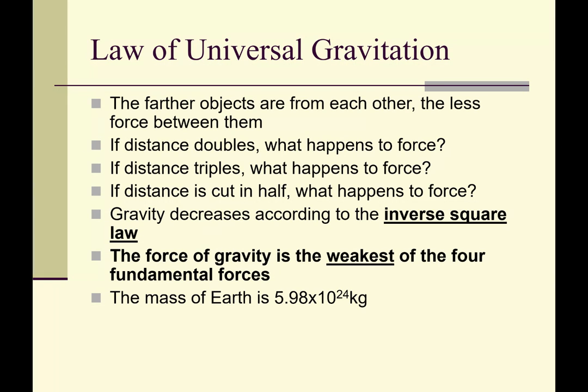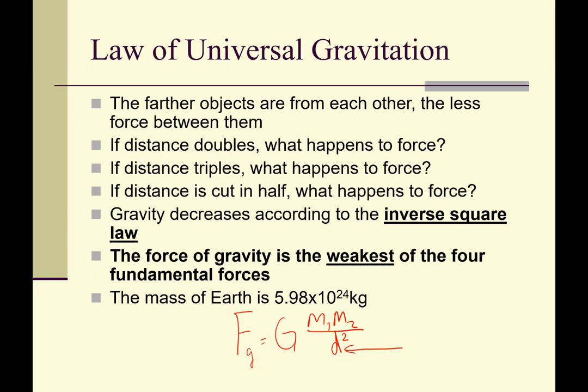So looking at the universal law of gravitation, which I will go ahead and write back up over here, gravitational force is equal to G times the mass of object 1 times the mass of object 2 divided by d, or sometimes you see r, squared. The farther objects are from each other, the less force between them. So if you look at this, if I double the distance, well, what happens?